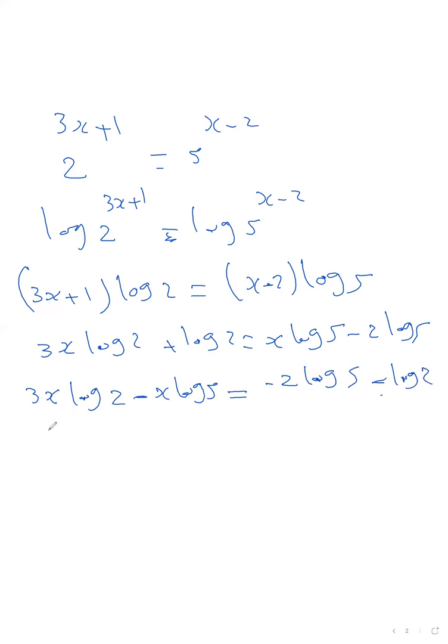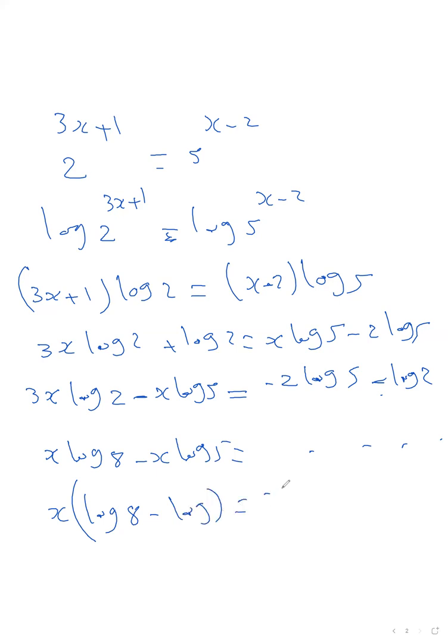Okay, so it will be x log 2 power of 3, which is 8, minus x log 5 equals this number. So x common, it will be x common, log 8 minus log 5 equals this expression, which is negative 2 log 5 minus log 2.